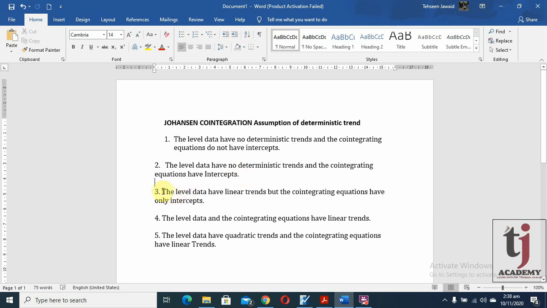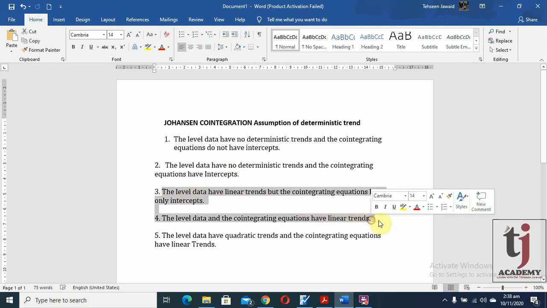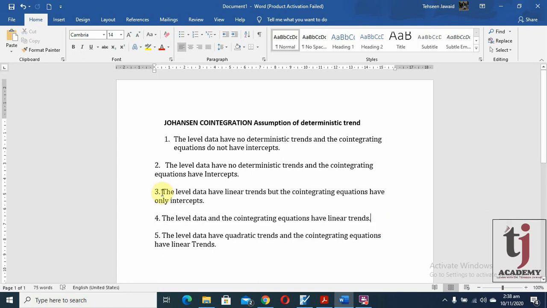Mostly in time series data, 3 and 4 would be appropriate. The level data have linear trend, but the cointegrating equation has only intercept. The level data and the cointegrating equation have linear trend. And there is option number 5: the level data have quadratic trend and the cointegrating equation has linear trend.